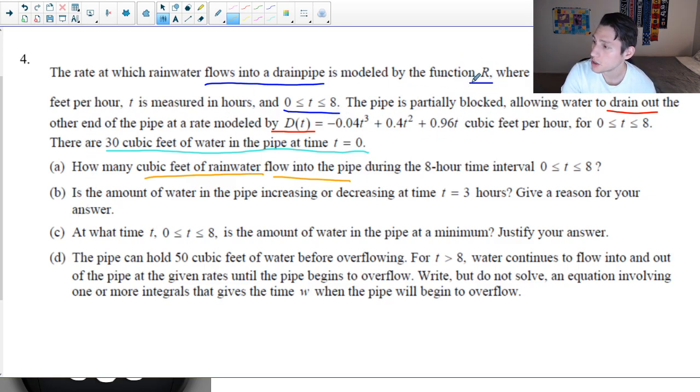We know a function R that is the rate that water is flowing in. If I have a function that tells me the rate of water going in, and I want to know the accumulation of how much actual water is flowing in, not just the rate of it, what do we do with our function?